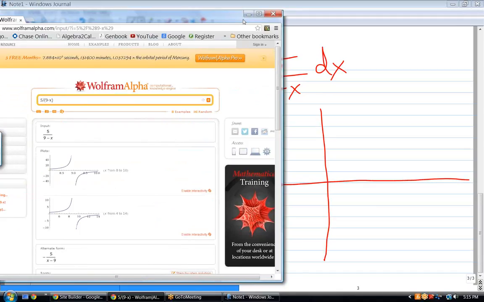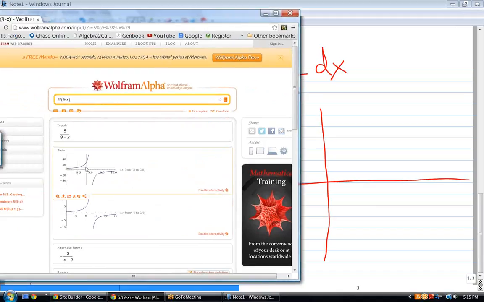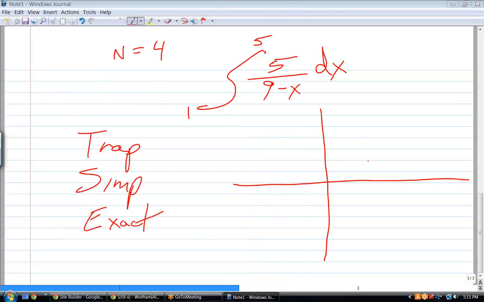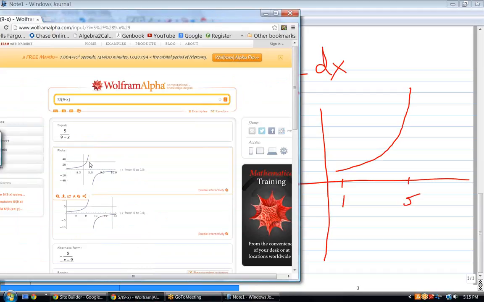And we're going from 1 to 5, so we're in this area right here. If I were to draw it, it looks something like this, this being 1, over here being 5. The vertical asymptote is at x equals 9. So our entire area of interest is between the y-axis and 9.